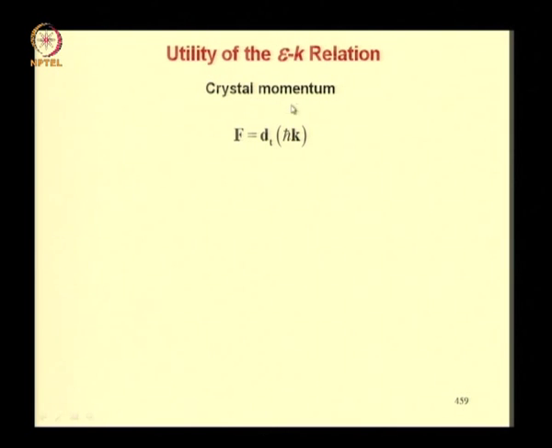The utility of the E-k relation: we pointed out that it can be used to get crystal momentum, because the force on the electron in a crystal is equal to the time derivative of the product ħk.